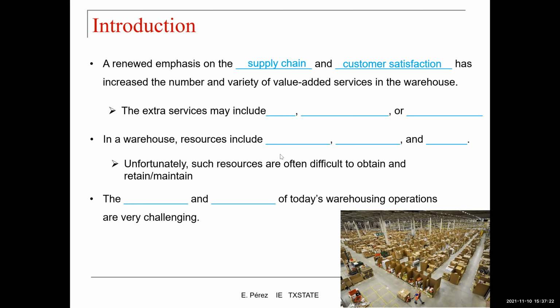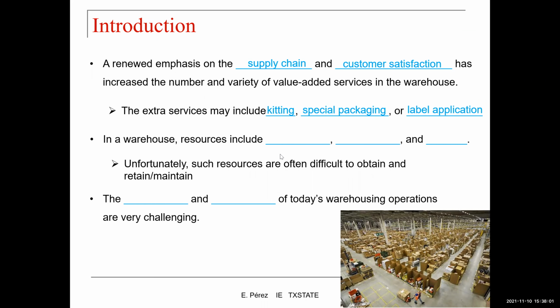If you're familiar with Amazon, obviously you see that there are multiple options now in terms of shipping, not only on the delivery speed, but also if you are sending a present, you have the chance to make that look different. The package could be different for a present and so on. So those are value-added services in the warehouse. The extra services might include kitting, special packaging, or label application.